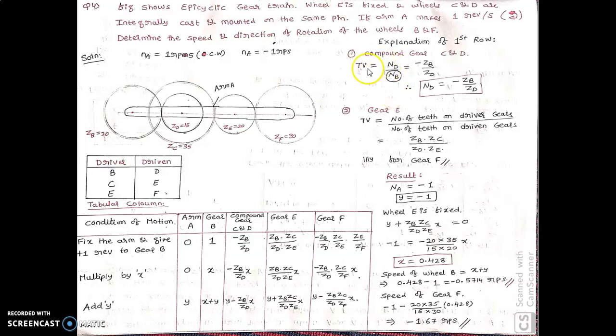One more thing, before going to this, as I said, you have to mention the driver gears as well as the driven gears, okay. So now listen carefully. If I am giving plus 1 revolution to gear B, let us understand thoroughly from the basics. This is the basic question and I have explained each and every concept in this question, okay.